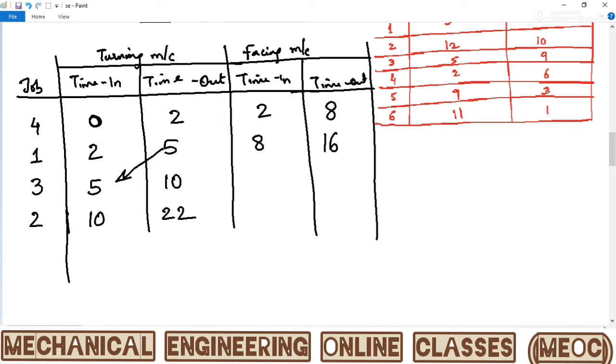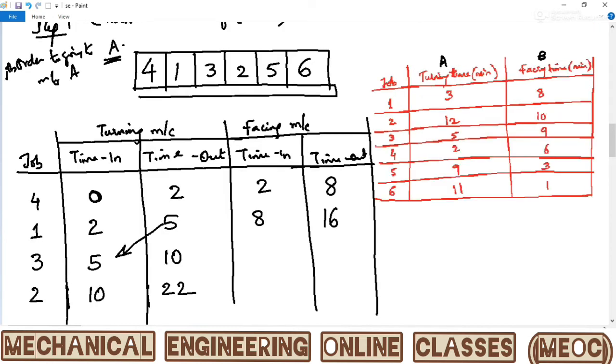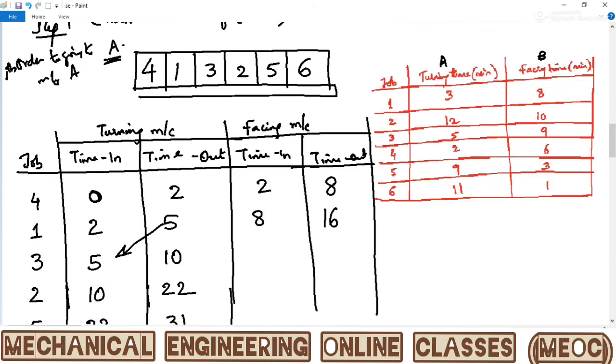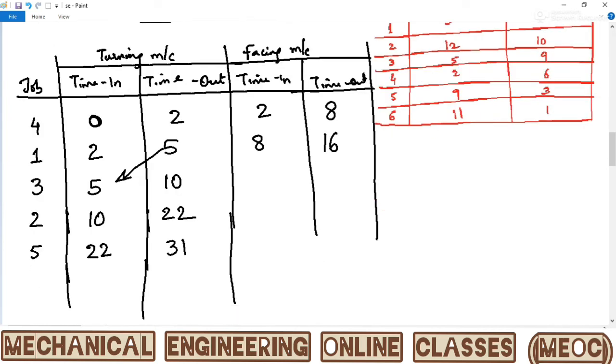And similarly after the second job, the fifth job should go. The fifth job will take 9 minutes on the turning machine. But when is the turning machine free for the fifth job? After 22 minutes. So from 22 it will take 9 minutes, which is 31. And finally, what is going? The sixth job is going on to the turning machine.